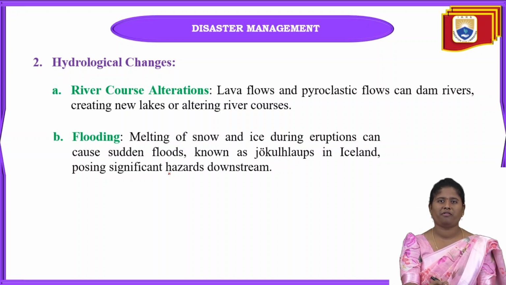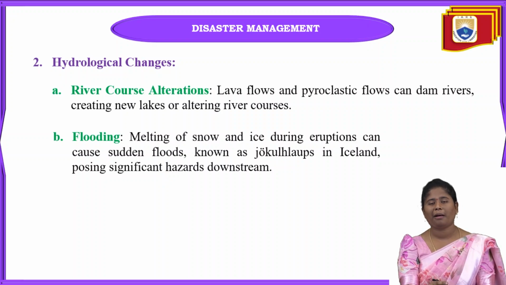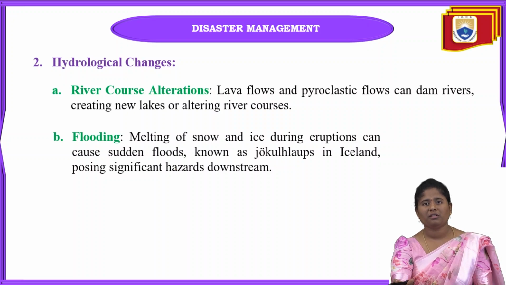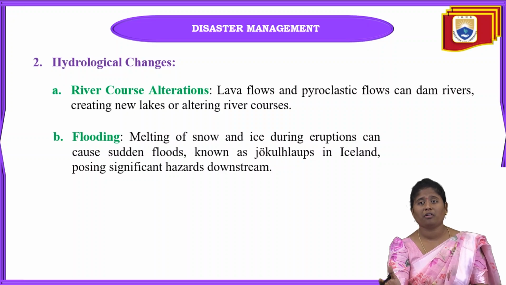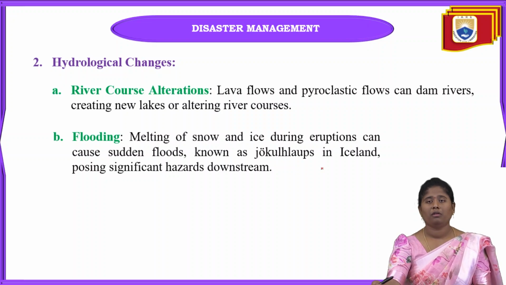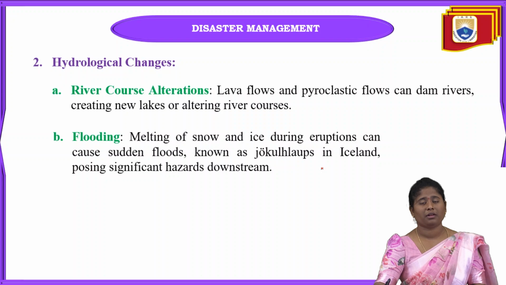And the next one is flooding. When eruptions happen, there will be melting of snow or ice, and this can cause sudden floods. These sudden floods are called Jokulhlaups, which already happened in Iceland.